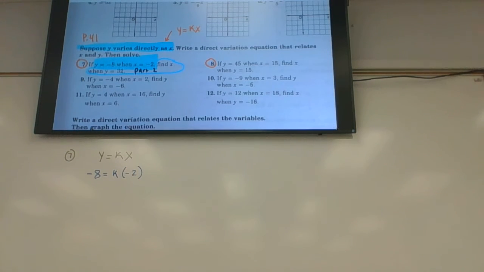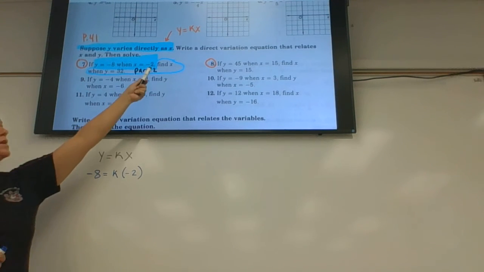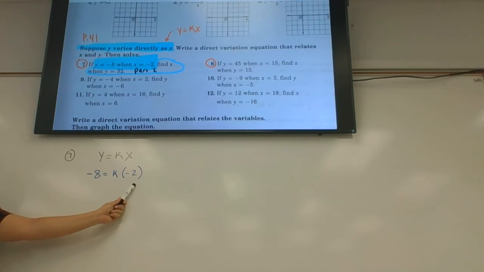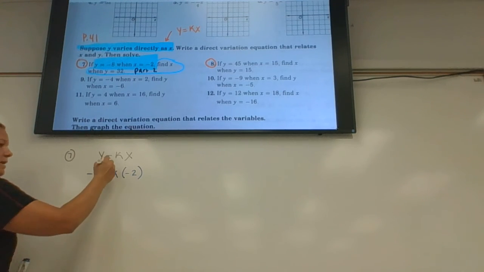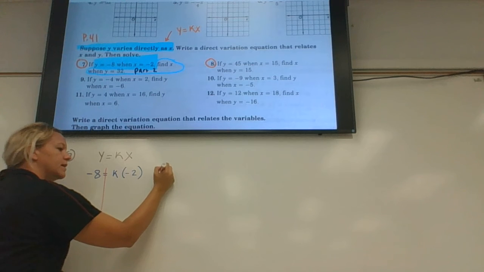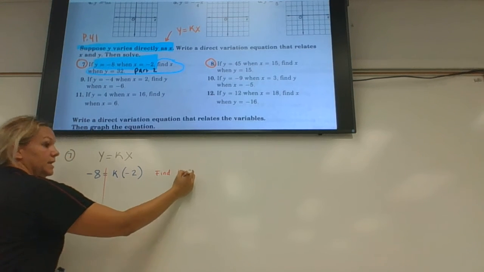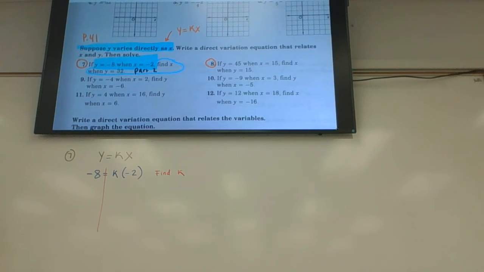So I plugged in. I put the y in for y. I put the x in for x. I'm going to draw a line, find k. Clearly not enough room in your workbook, right?